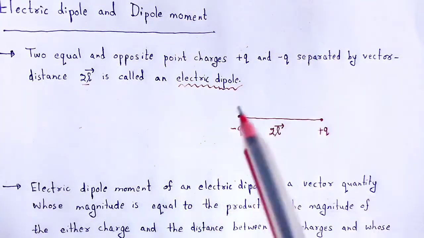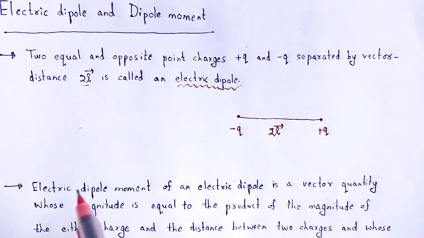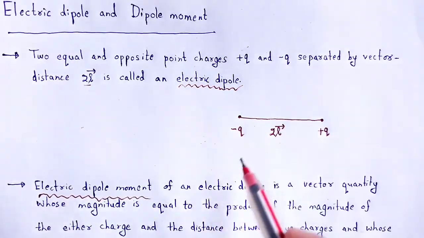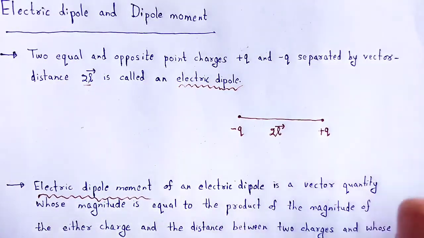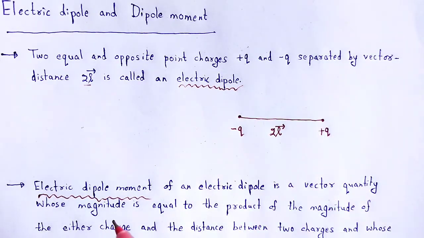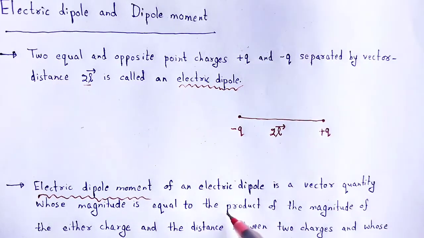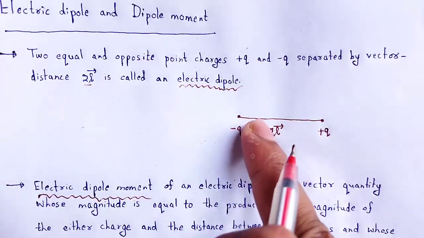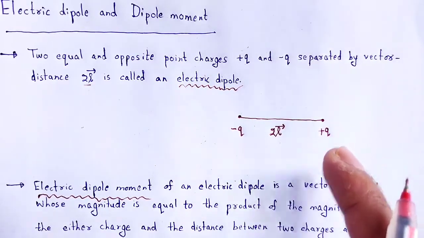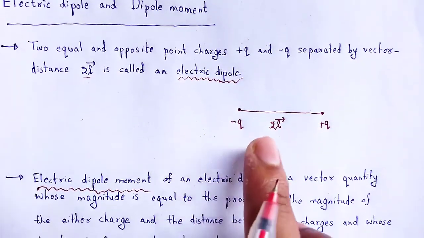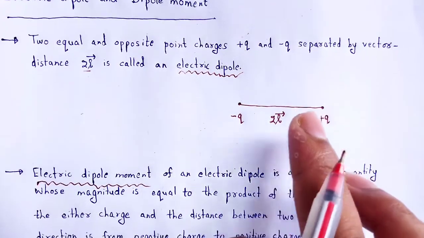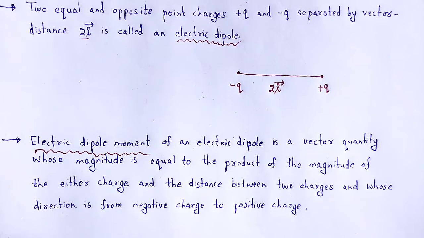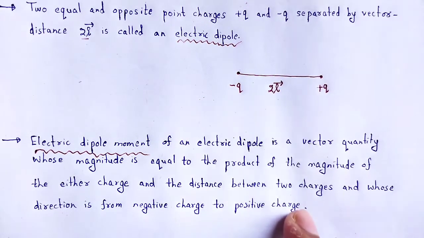And the electric dipole moment of an electric dipole is a vector quantity. Its magnitude is equal to the product of the magnitude of either charge, either negative or positive, and the distance between the two charges, and its direction is from negative charge to positive charge.